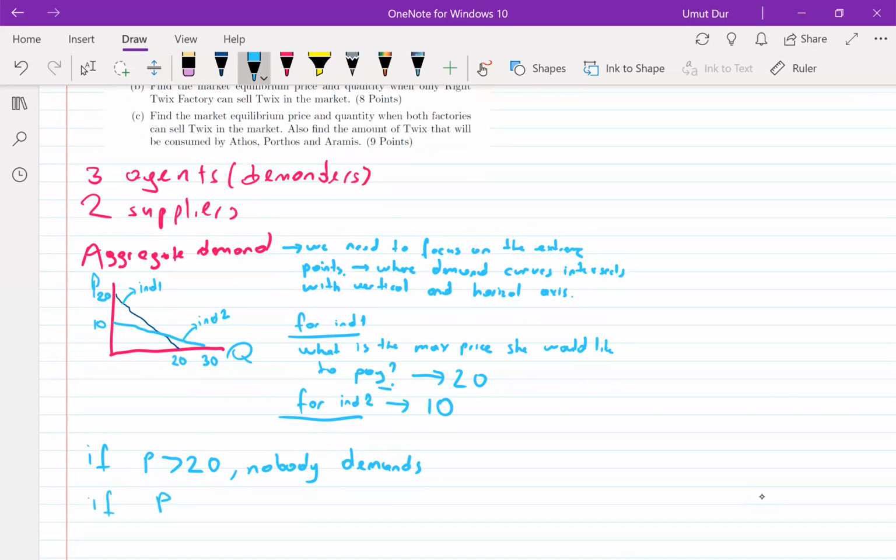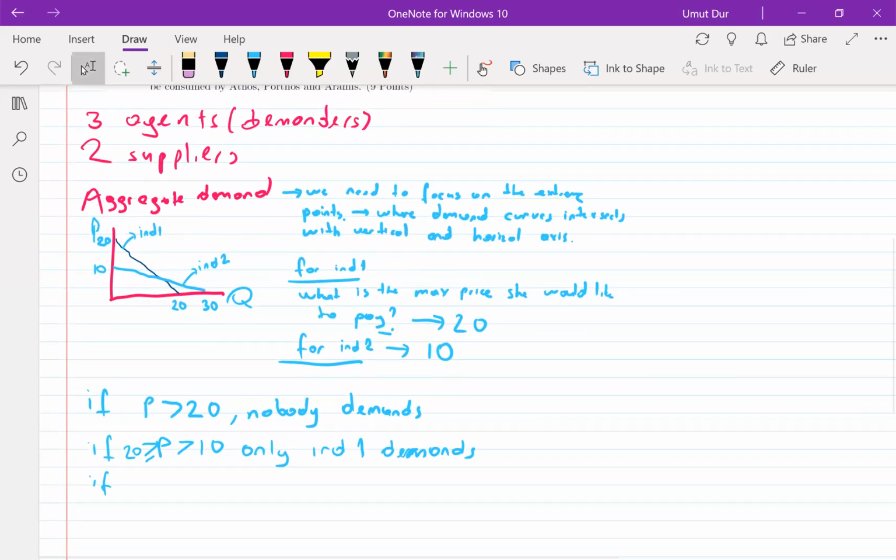If price is between 10 and 20, only individual 1 demands. If price is less than or equal to 10, then both demand.